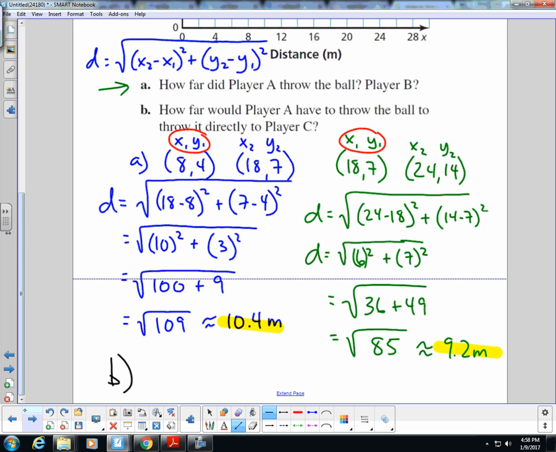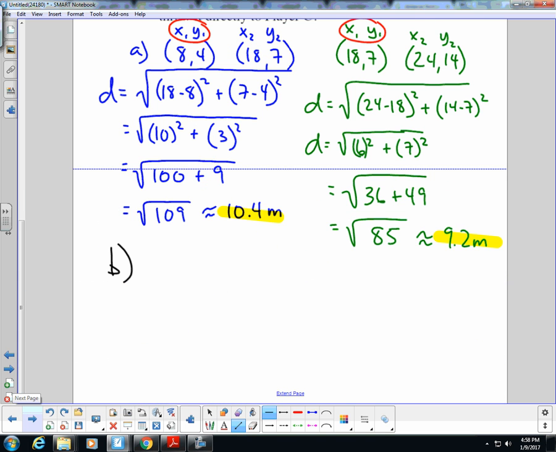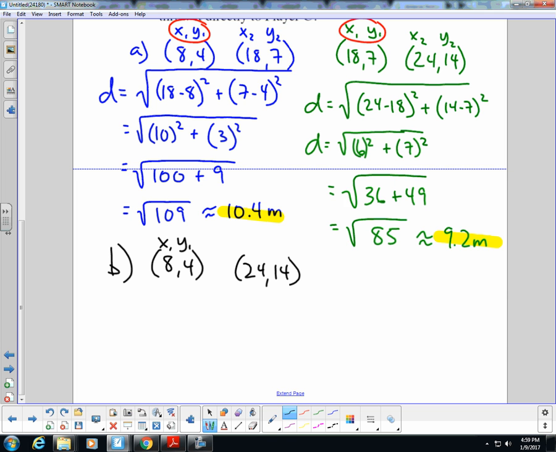The ordered pairs we're dealing with now, point A is 8, 4. And this time point C is at 24, 14. Again, let's label. We go x sub 1, y sub 1, x sub 2, y sub 2.